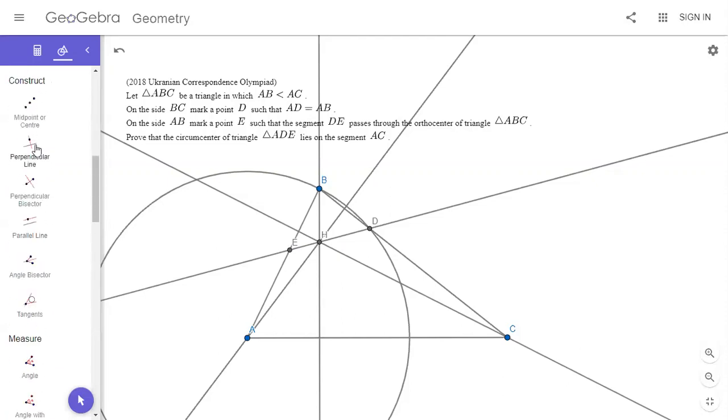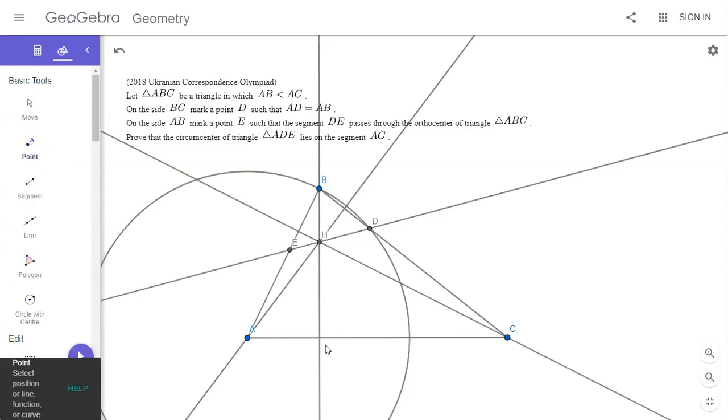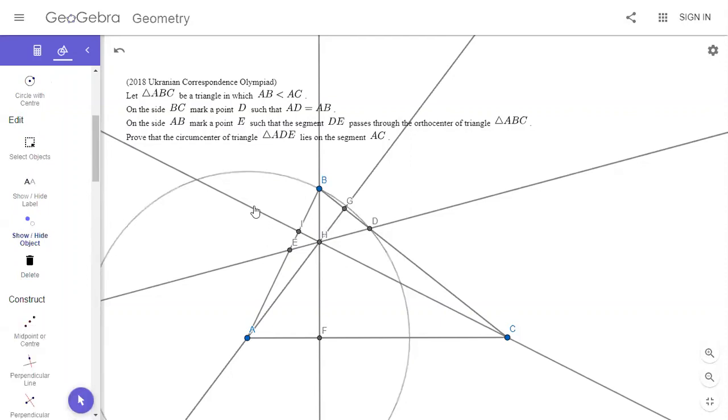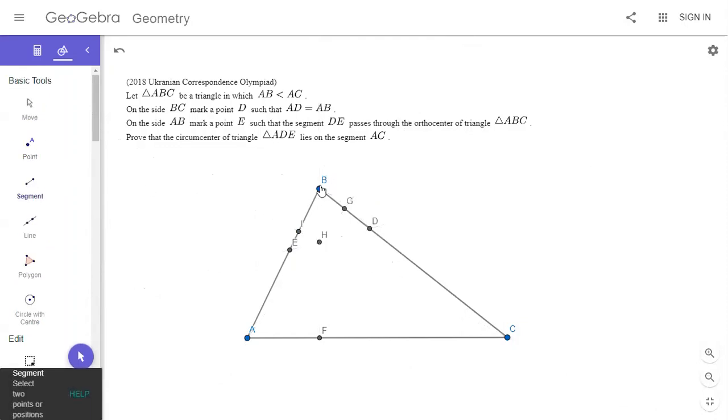This seems interesting. Let me delete some of the excess just so it doesn't look so messy. Yeah, I wish there was an altitude tool in GeoGebra.